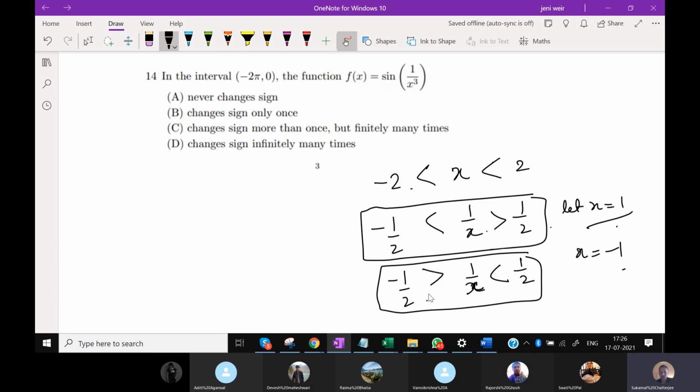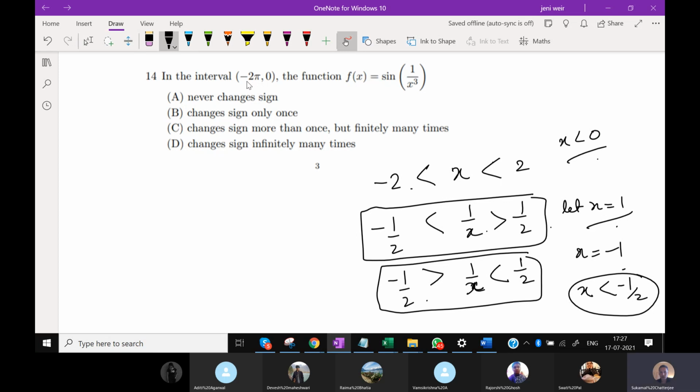That means if I combine these two, I will get 1 by x is less than minus half. So if it is given that x is negative and x lies between two values like this, then 1 upon x will actually be less than the reciprocal of the smaller value.